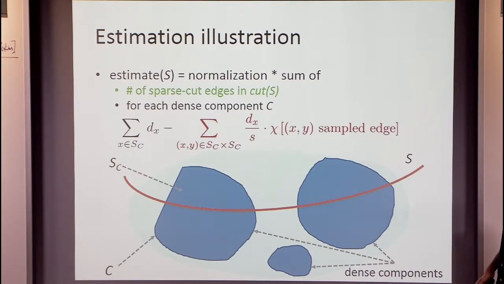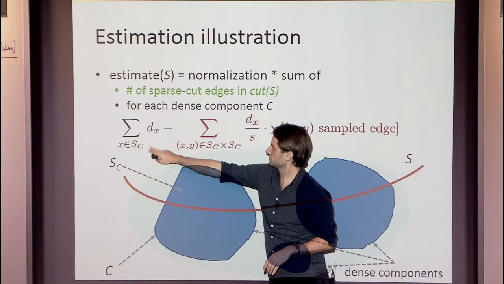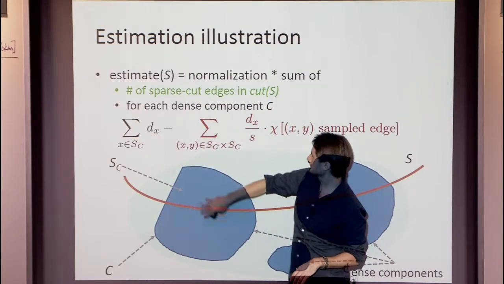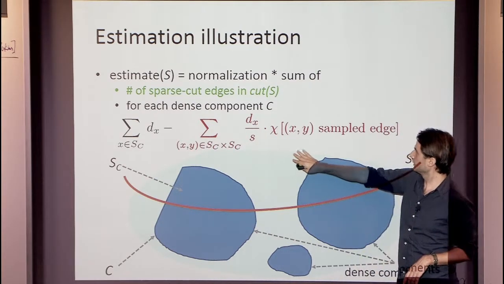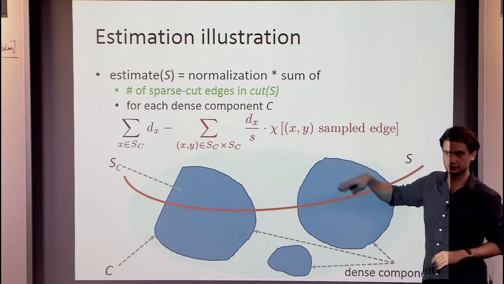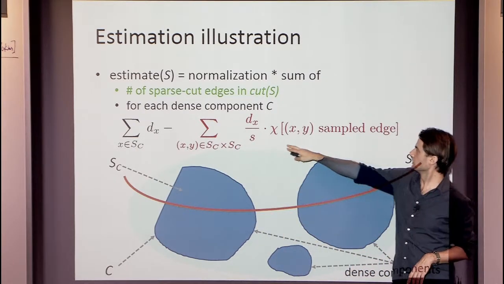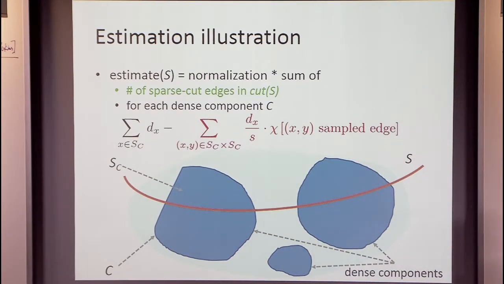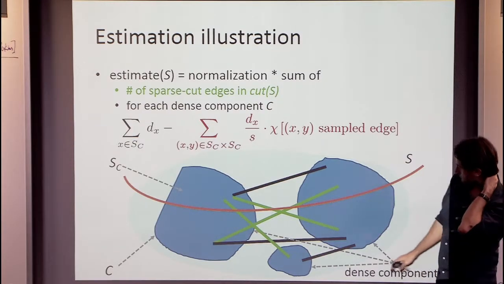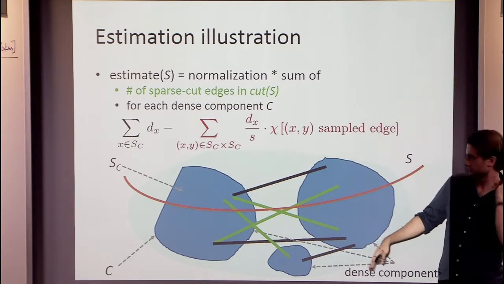So basically, this now introduces all the notation. For each dense component, we will sum up the degrees of nodes inside this part, minus the estimate. This is just a normalization term. Estimate of the number of internal edges here. This estimate is computed from the edges that are sampled. Basically, vectorially, it will be a number of edges that go everywhere.